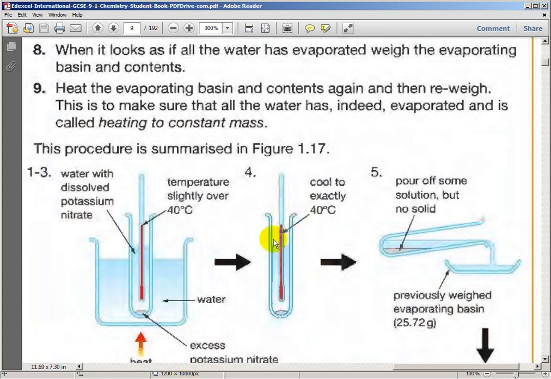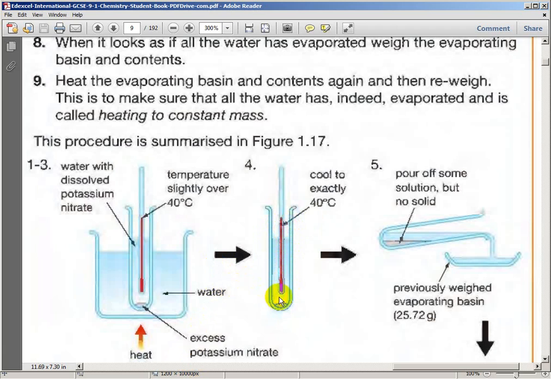Step 4. Here the solid dissolved, maybe not excess potassium nitrate, at a temperature slightly over 40 degrees Celsius. Excess solid will be taken, because a saturated solution forms when excess solid remains after dissolving.